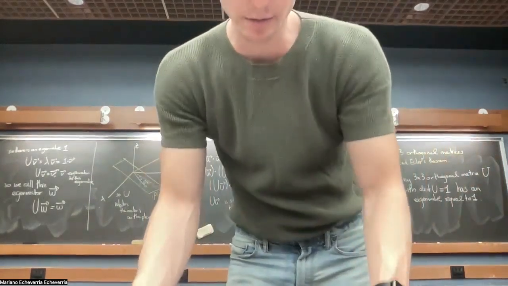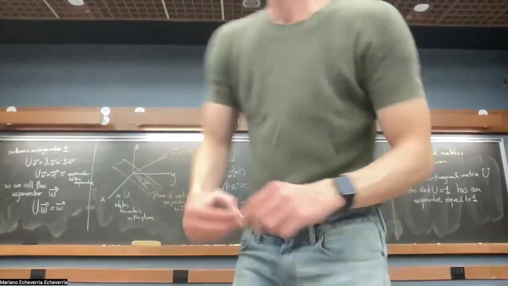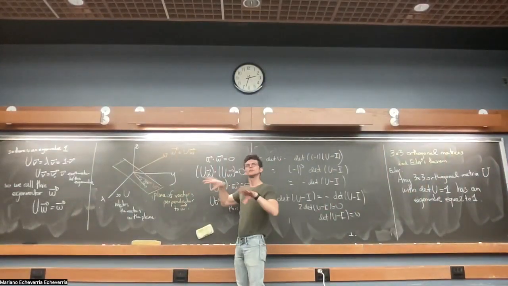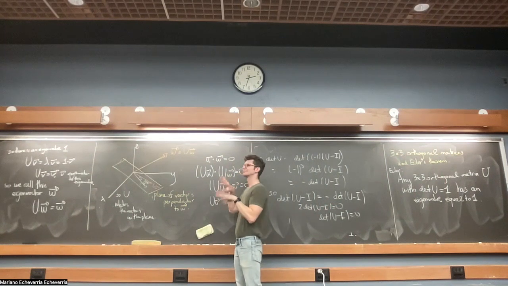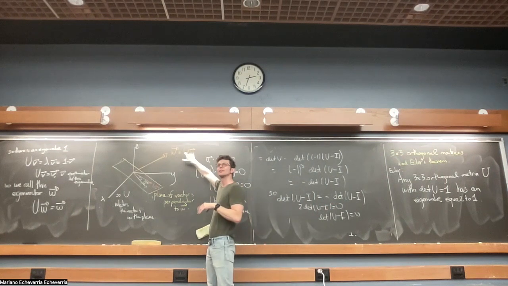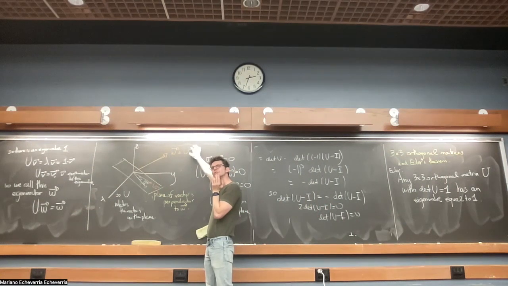In fact, let's see if I can show you this. There's a very fun result that I always find the temptation to mention, but it would take me too much time to explain. Actually, you can write this U as an exponential of a matrix, and the thing that goes into the exponential is kind of like the angular momentum of the system.